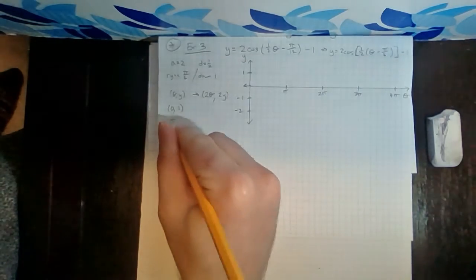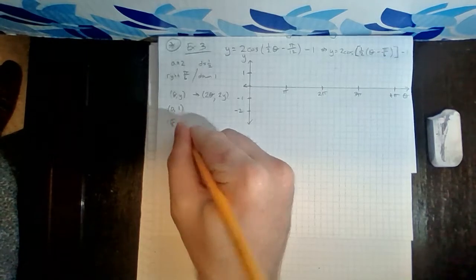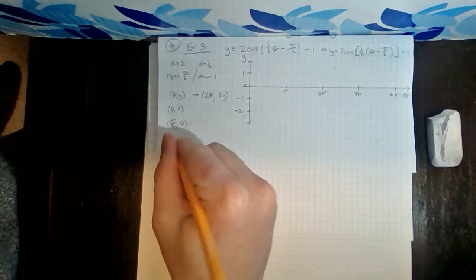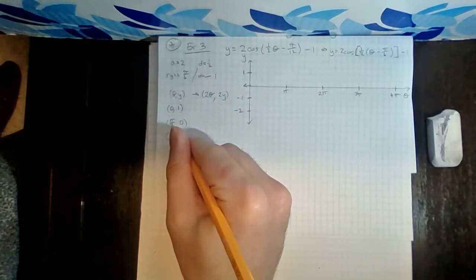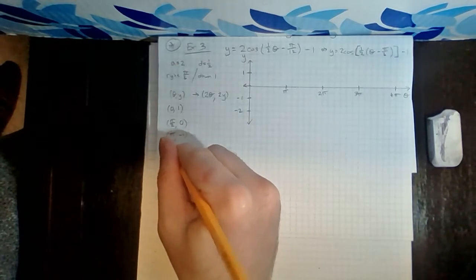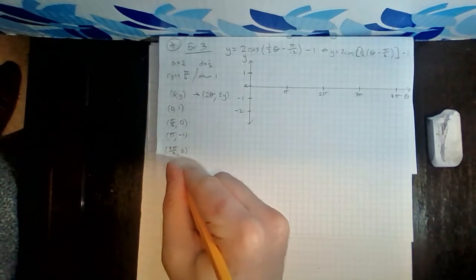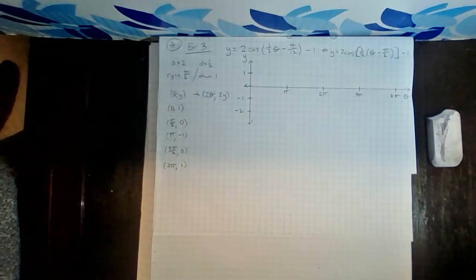And then every quarter of our period, we're changing. So we go down to the axis, down to our minimum, up to our axis, and finally, after a full cycle, back up to our maximum.